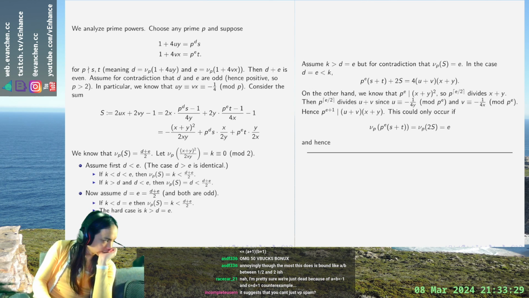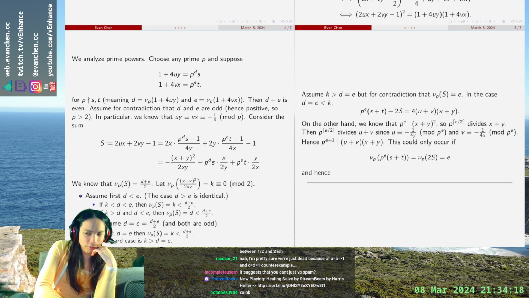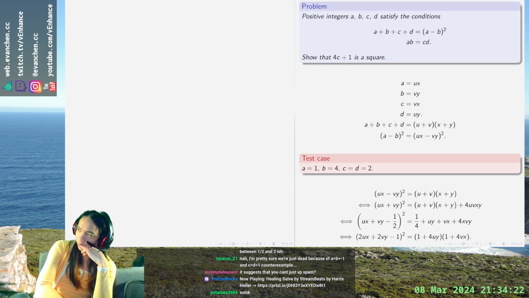Or actually, okay, for the a equals b equals -1 and c equals d equals 1 counterexample, what are the values of u and v that you get?